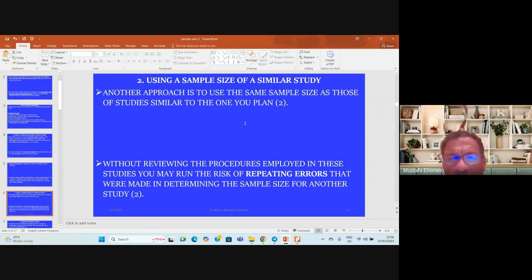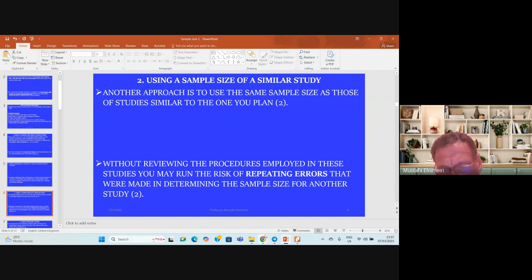Using the sample size of a similar study is another strategy: to use the same sample size as those of studies similar to the one you plan. Without reviewing the procedure employed in these studies, you may commit mistakes. You may run the risk of repeating the errors or mistakes made initially by the investigator.